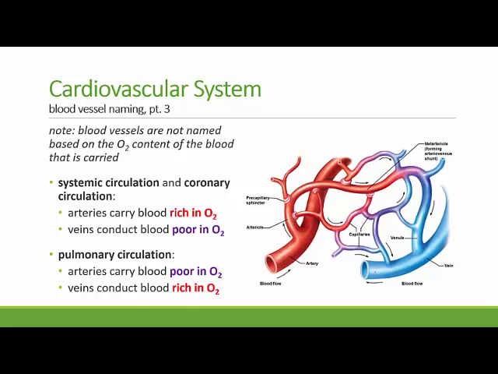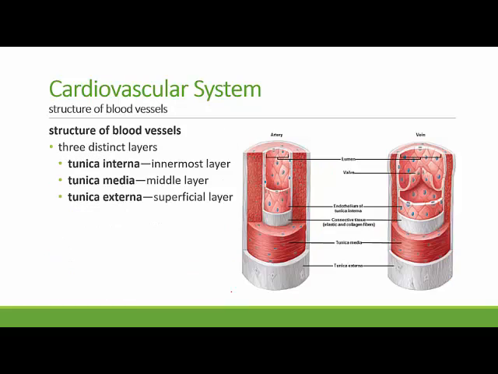So this is a reversal from what we learned in elementary and high school about what kind of blood the arteries carry. We generally think of arteries as carrying oxygen-rich blood, but the pulmonary arteries are a reversal of this. So keep that in mind.